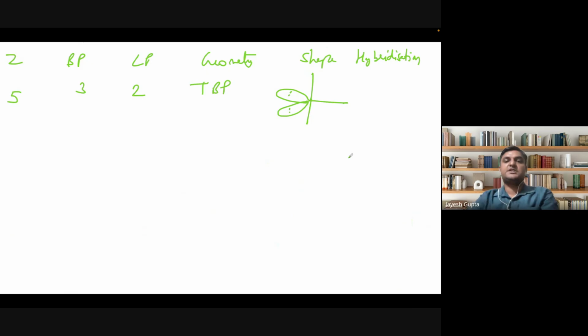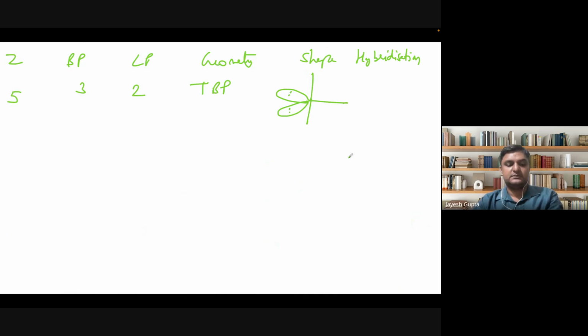Okay, can you tell me the shape of this geometry? See, in shape we do not count lone pair, so you can hide lone pair. And the rest, what you can see, will be the name of the shape. What will be the shape of this one?